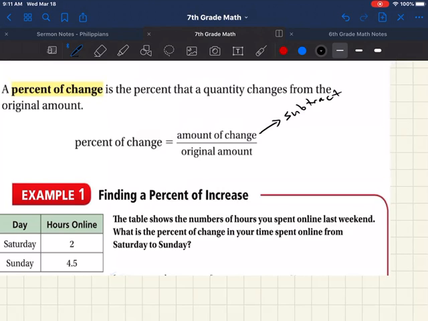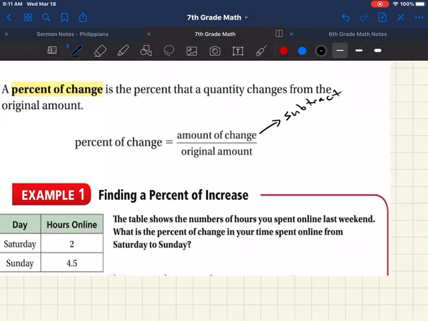The more we do these problems, the better you'll be at these. So let's just do an example. This shows hours online on Saturday and Sunday, and they want to know the percent increase or decrease. On Sunday we went from 2 to 4.5.